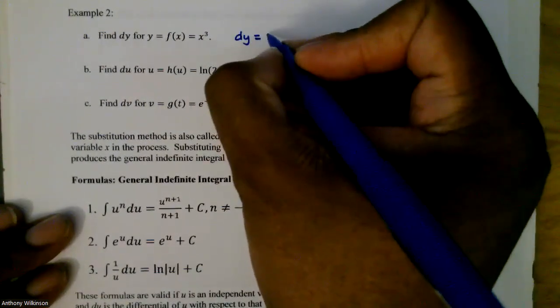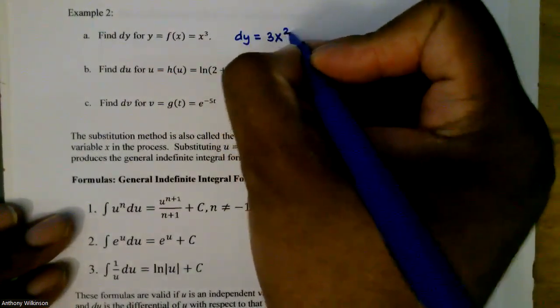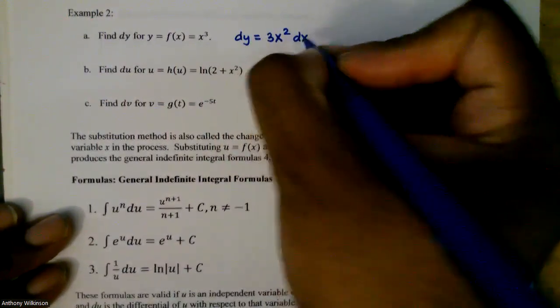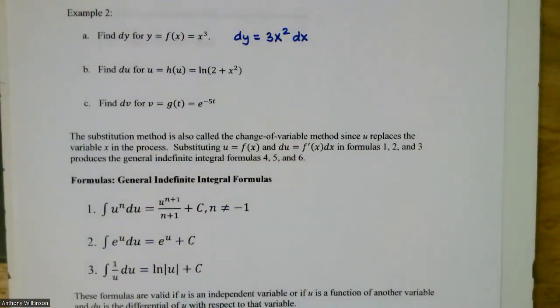That's going to be 3x squared. And then we include dx. For the derivative of x cubed, of course, you bring the exponent down using the power rule. Copy the variable over to the 1 less power, so it'll be 3x squared dx, which is what dy will be equal to.